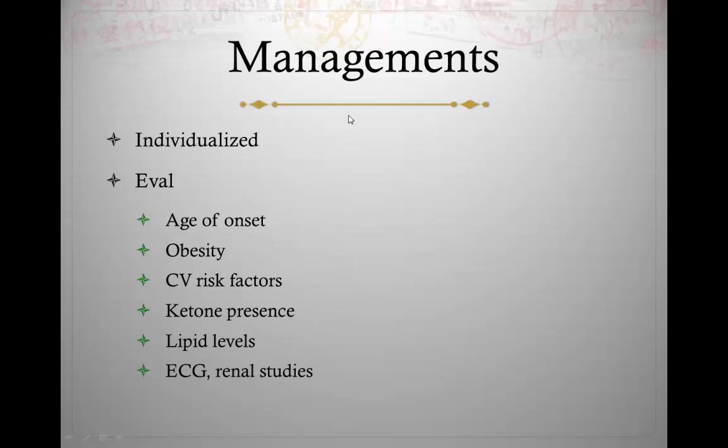Okay, so you have to look at the risk factors and try to correct those risk factors. Obesity, so lifestyle modifications. Ketone presence, meaning that the patient is not utilizing insulin properly, and the patient is prone to DKA.